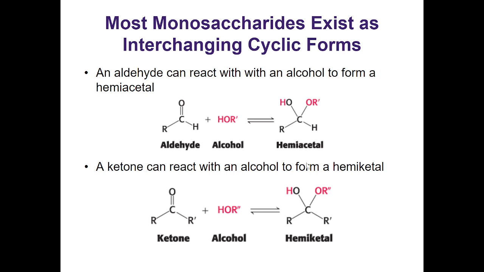The ketone can react with an alcohol, but it's going to form a hemiketal. Okay, that's the only real difference there. They're the same sort of reaction. They're just one's a ketone, one's an aldehyde, right? Okay. They both have the OR. The big difference is H versus R right here, right? This makes it a hemiketal. This makes it a hemiacetal.